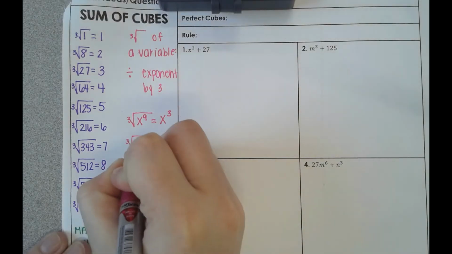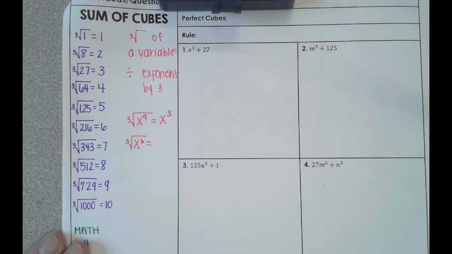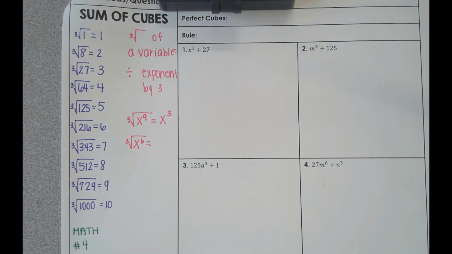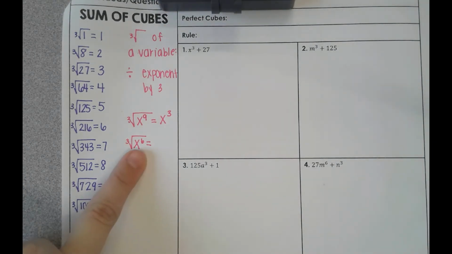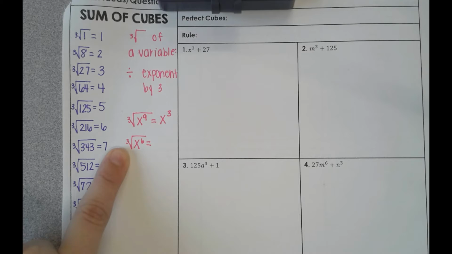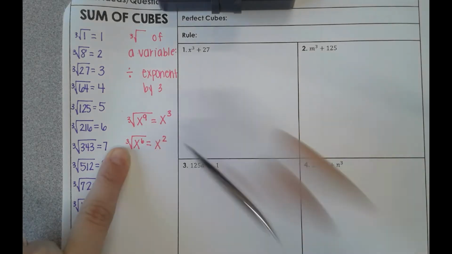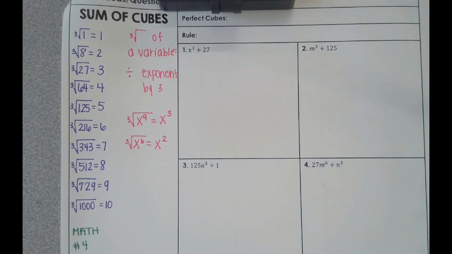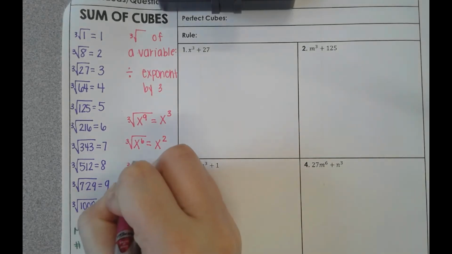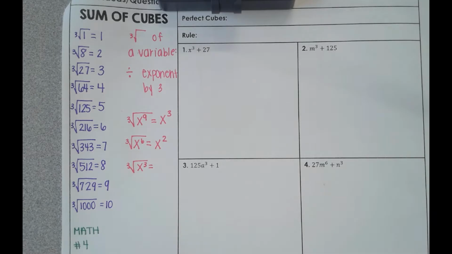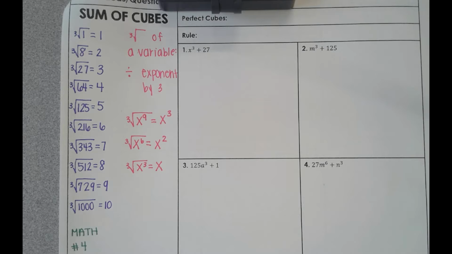Cubed root of x to the 6th, well, 6 divided by 3 is 2, so it's going to have an exponent of 2. The cubed root of x cubed, well, 3 divided by 3 is 1, but we don't really write an exponent of 1, it's just x. If you write x to the first power, that's fine.